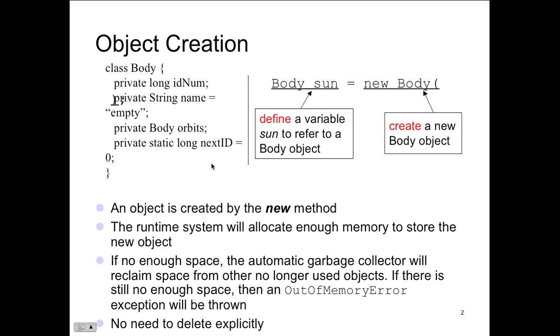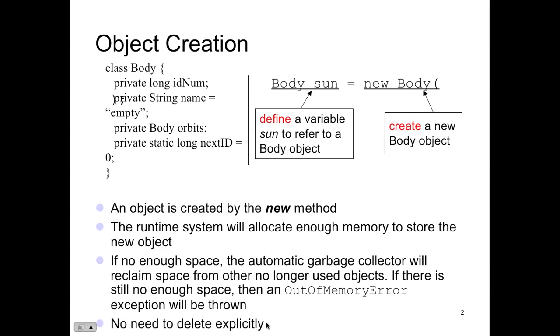So an object is created by the new method, as we've seen. The runtime system will allocate enough memory to store the new object automatically for us. No dynamic memory allocation needed on our part. If not enough space, the automatic garbage collector will actually come out and remove something that hasn't been used recently, which is the least recently used garbage collection algorithm, if it actually is that short of memory.